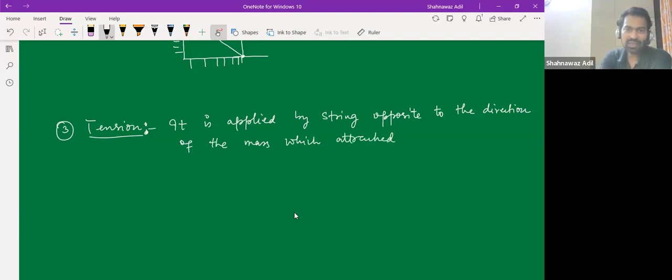Right. So let's say that you have this string and some mass is hanging with this string, right? So the tension will be opposite to the direction of the mass.